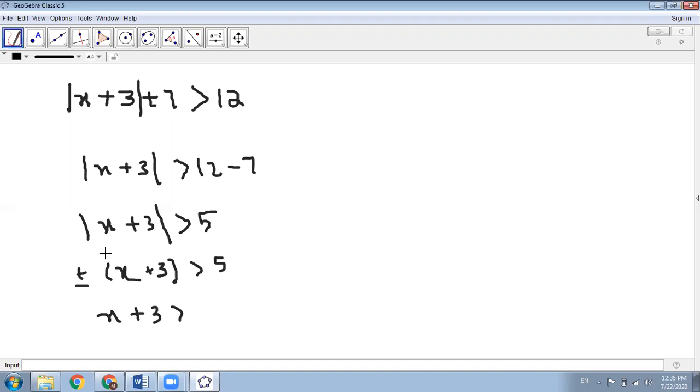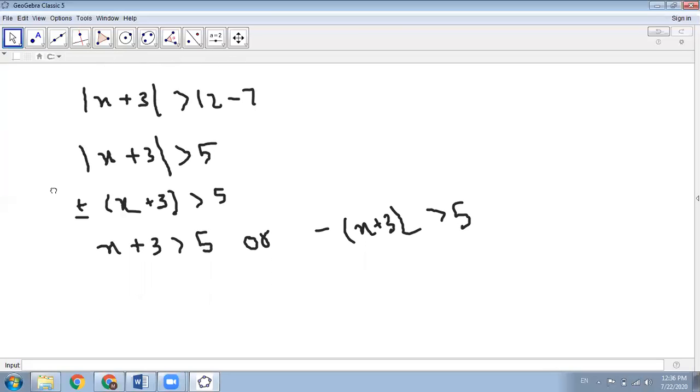There is no difference in opening the absolute value, but after that, when we separate these two values, we can write x plus 3 greater than 5, or instead of writing and, we can write or, minus x plus 3 greater than 5. So what is the difference in case 1 and case 2? Whenever the absolute value is greater than a positive number, after opening the absolute value we can use the word or rather than the word and.